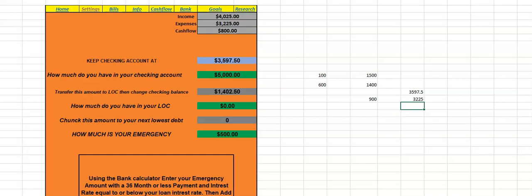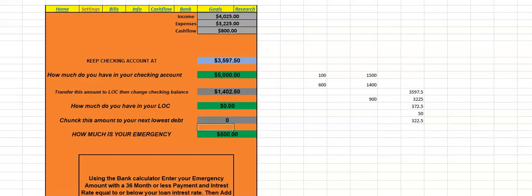3,225. So right now it's saying you have this much in your checking account. Your expenses that month are 3,225. If you take that difference, the difference is $372.50. And then it has that buffer, the $50 buffer, that's just another way to make sure you don't mess up so that you can eventually attain your line of credit.